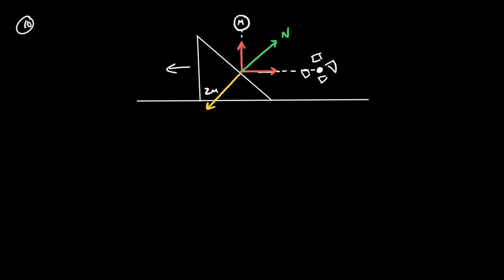It probably also experienced an upwards force from the table. That's a normal force as well, which means that the net force on the ramp had to be to the left, to accelerate it to the left.